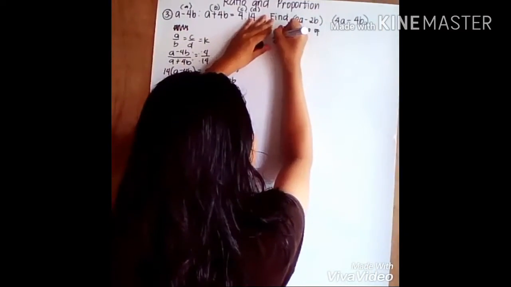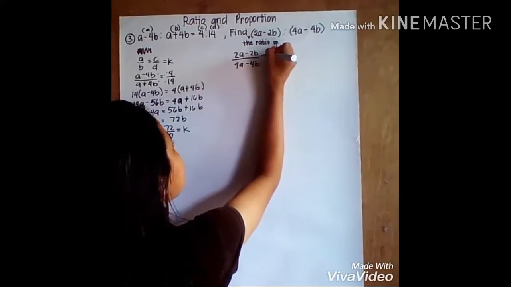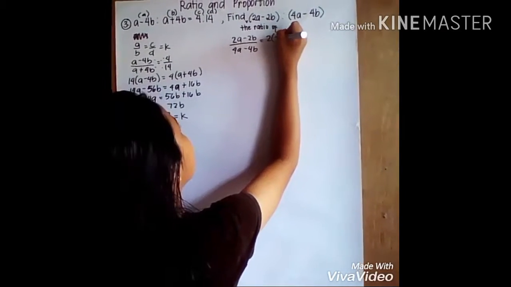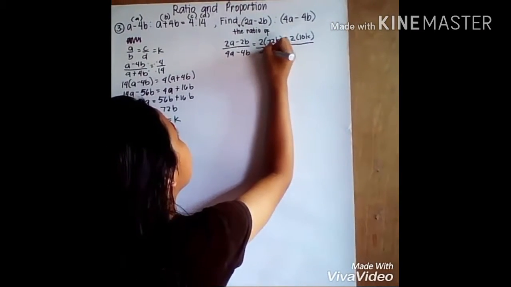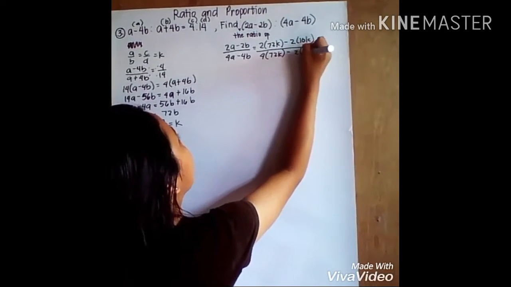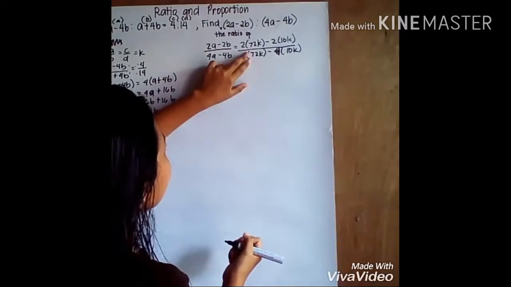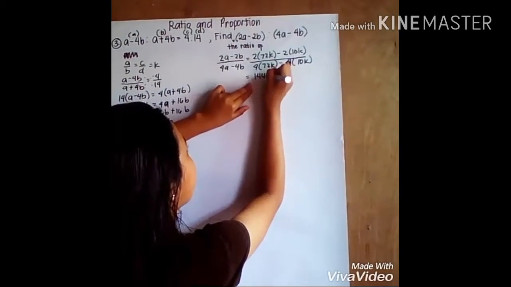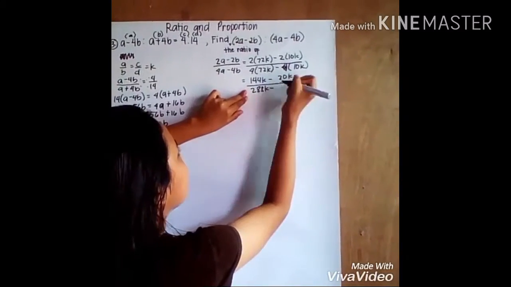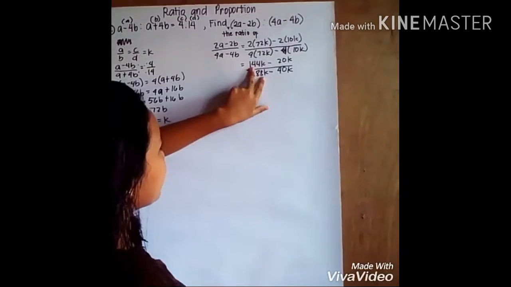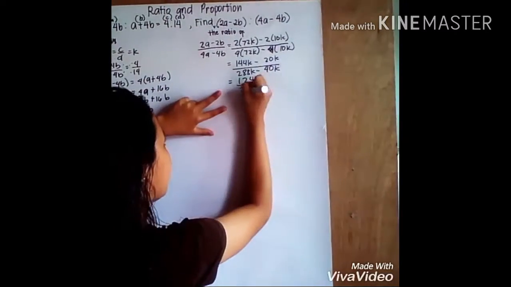So 2a minus 2b and 4a minus 4b. We substitute a and b: 2 times 72k minus 2 times 10k, over 4 times 72k minus 4 times 10k. 2 times 72 is 144k minus 20k, over 72 times 4 is 288k minus 4 times 10, which is 40k. So 144k minus 20k is equal to 124k, and 288k minus 40k is 248k.